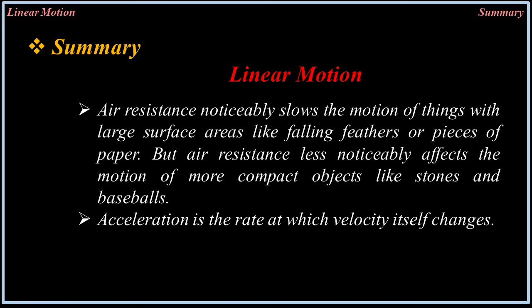Air resistance noticeably slows the motion of things with large surface areas like falling feathers or pieces of paper. But air resistance less noticeably affects the motion of more compact objects like stones and baseballs. Acceleration is the rate at which velocity itself changes.